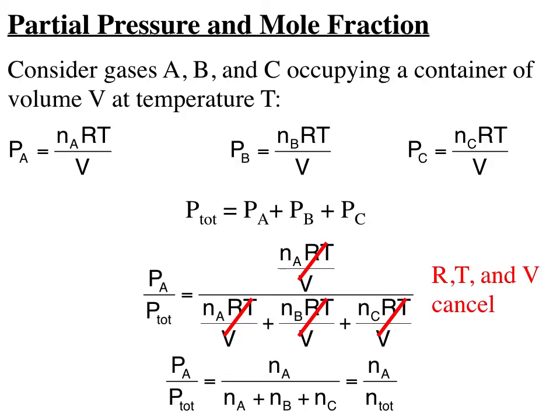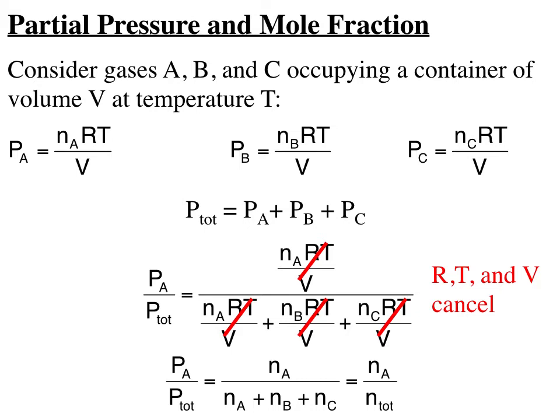Let's look at the relationship between partial pressures and a new quantity we will call the mole fraction. So let's say we have gases A, B, and C occupying a container that has a volume V and temperature T. So all these gases are subjected to the same temperature. All these gases are in the same volume. I can calculate the partial pressure of each of them by solving the ideal gas formula for the behavior of each of them.